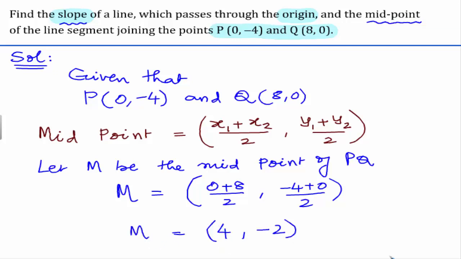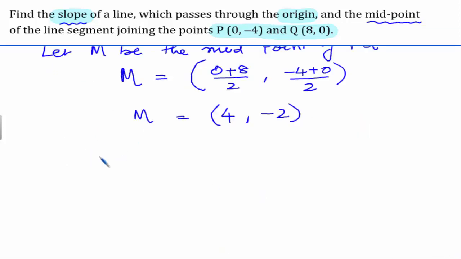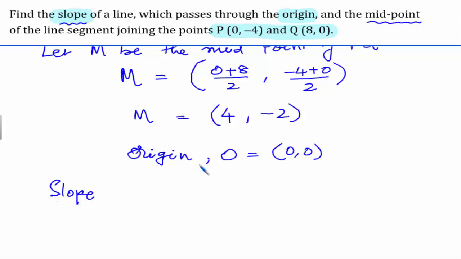So M, which is the midpoint of PQ, is this, and origin is O, which has the coordinates 0, 0. Now we need to find out the slope of the line passing through M and O. Simply we can say slope of MO. We know the formula to find out the slope: m is equal to y2 minus y1 by x2 minus x1.